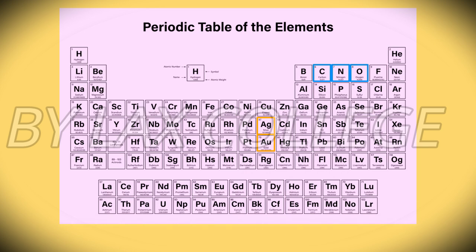And on page 7 of that data booklet, you have a list of every single name of an element, and beside it, you've got the symbol. So if you ever get stuck and you know the name of an element but you can't remember its symbol, look at page 7. And also, if you've got the symbol for an element but you don't know what its name is, you can also look at page 7 of the data booklet.